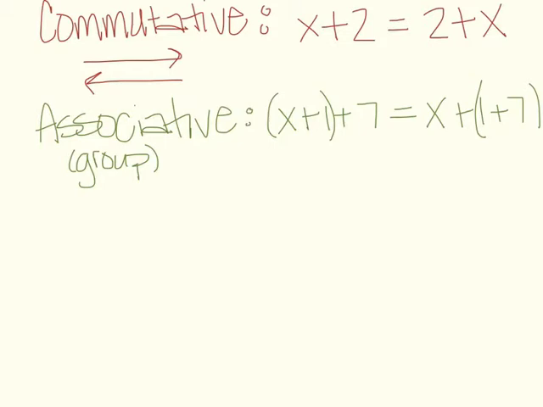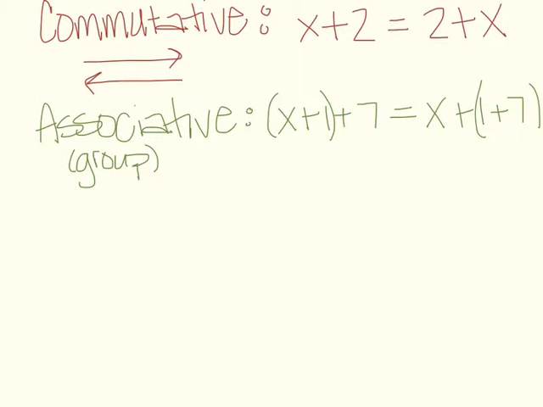An identity is when any value for x would work. And so the additive identity property tells us that we can add a value and have it remain exactly the same. So if we were to add 0, that would be an example of the additive identity property, because adding 0 does not change the value.